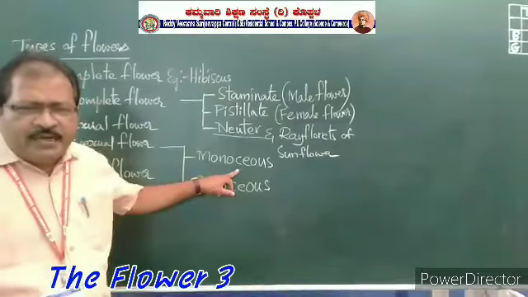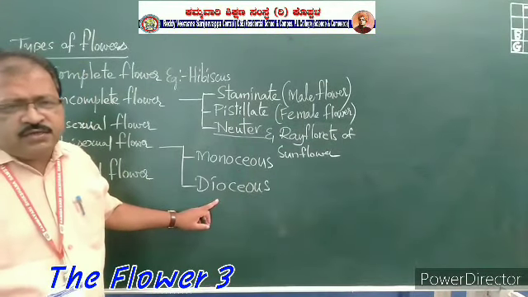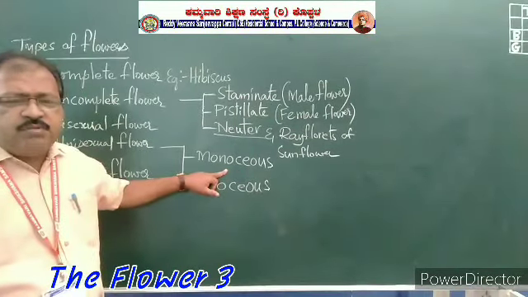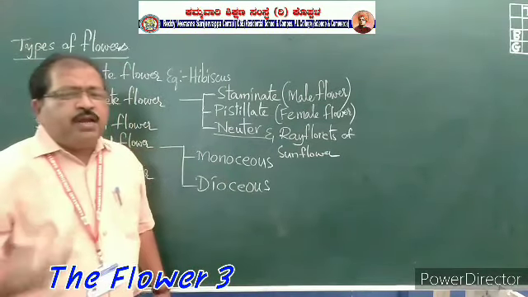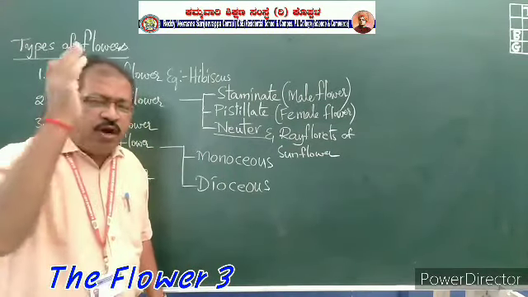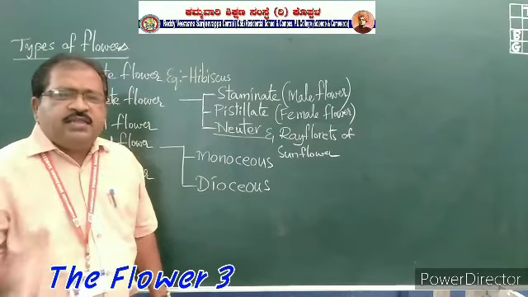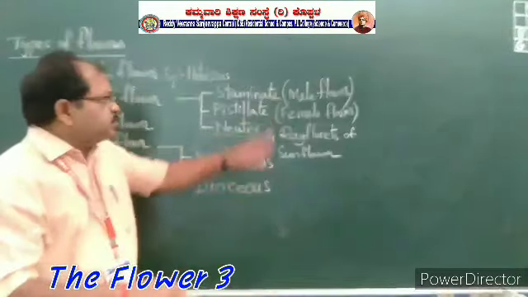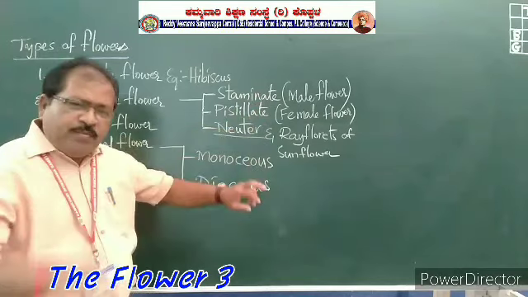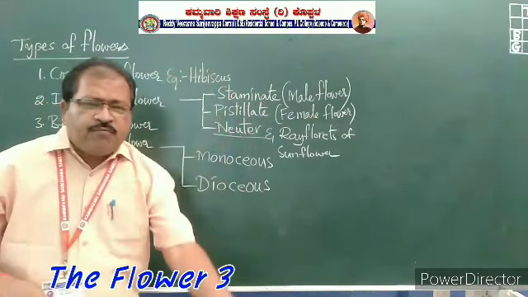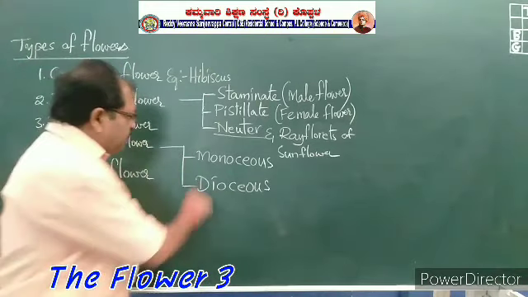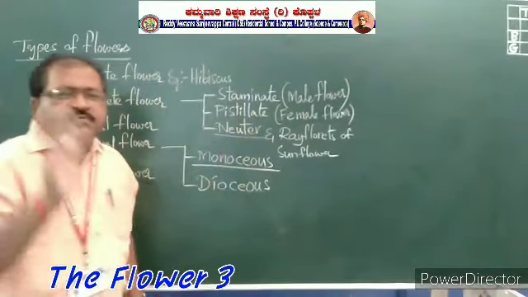Monoecious condition of the plant means the male flowers as well as the female flowers are present in one plant only. The male flowers, that means staminates, and female flowers, that means pistillates, both are present in one plant. That is called monoecious condition of the plant.